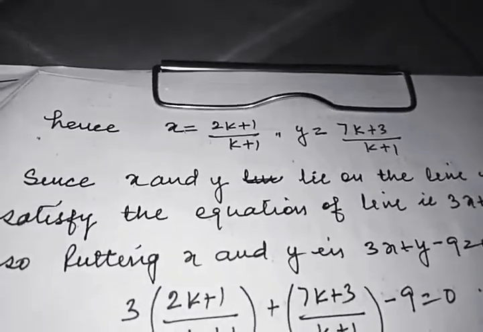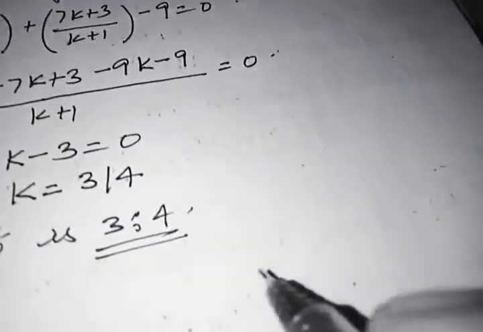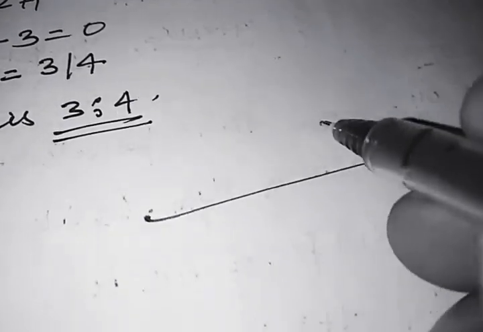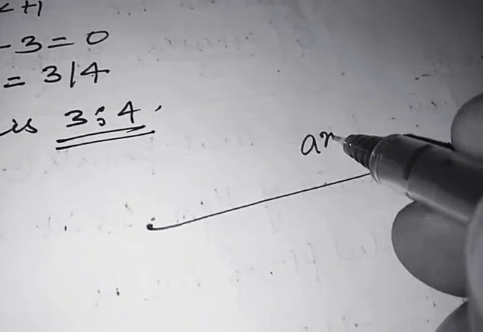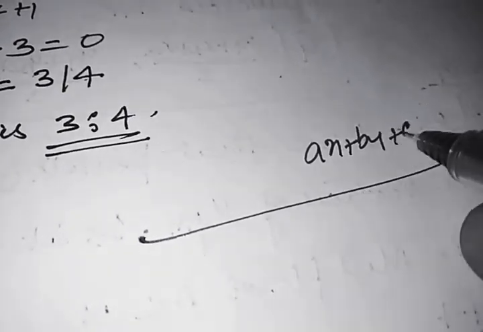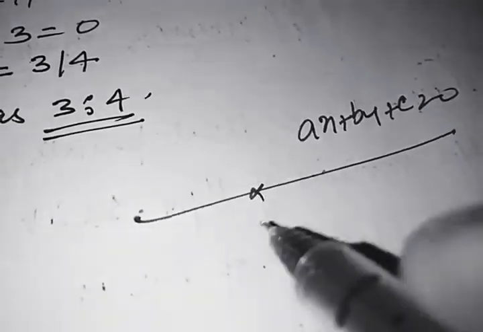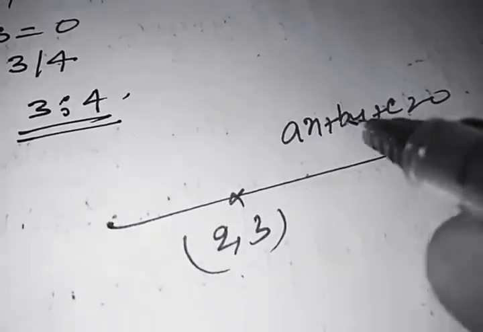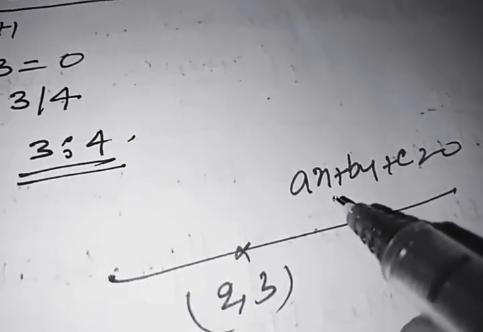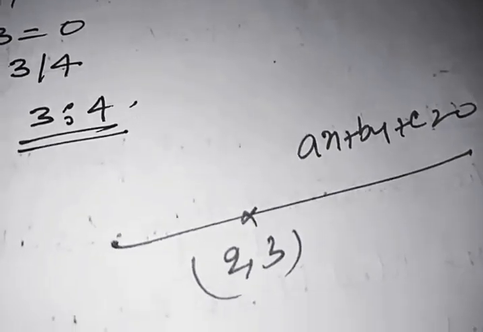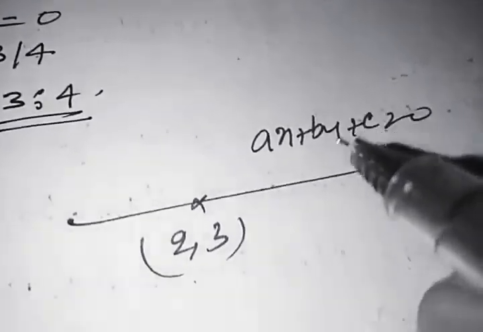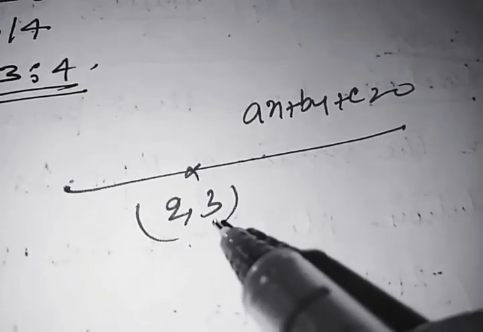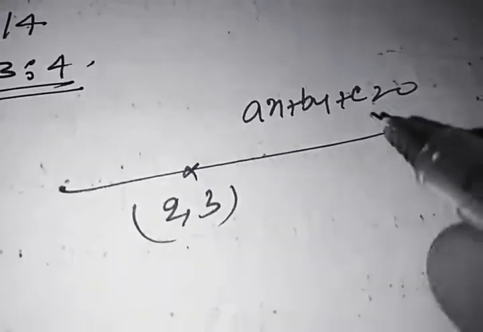One important thing is that suppose this is a line with the equation ax plus by plus c equal to 0, and a point (2, 3) is lying on it. This point will always satisfy this equation. We put x equal to 2 and y equal to 3 here, and it will come equal to 0.